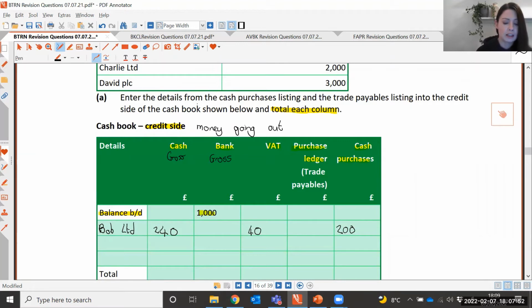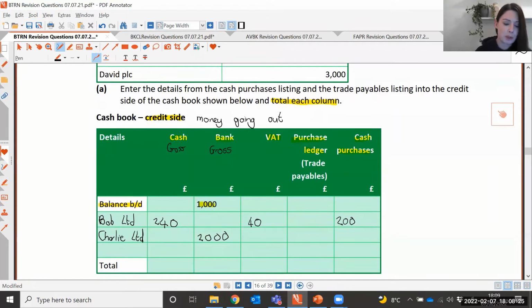Good, yeah. So we've paid Charlie Limited. So Charlie Limited. And we're told we've paid them £2,000. Okay, so which column will we enter the £2,000 into? Remember what type of transaction it is. Yes, good, Elizabeth. It goes into the bank column because it's a cheque payment.